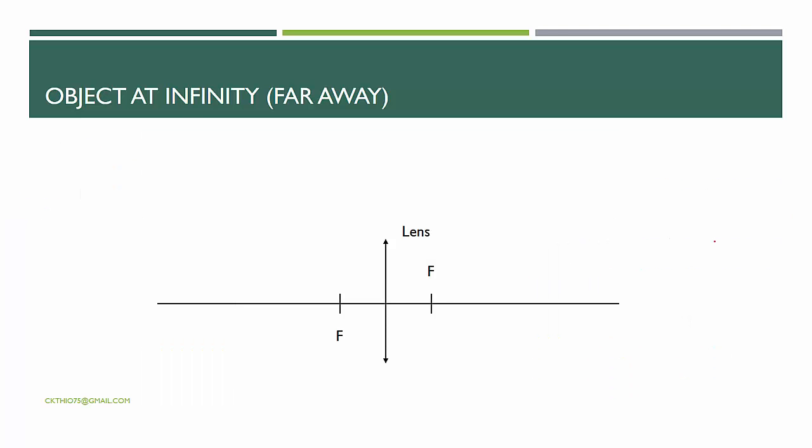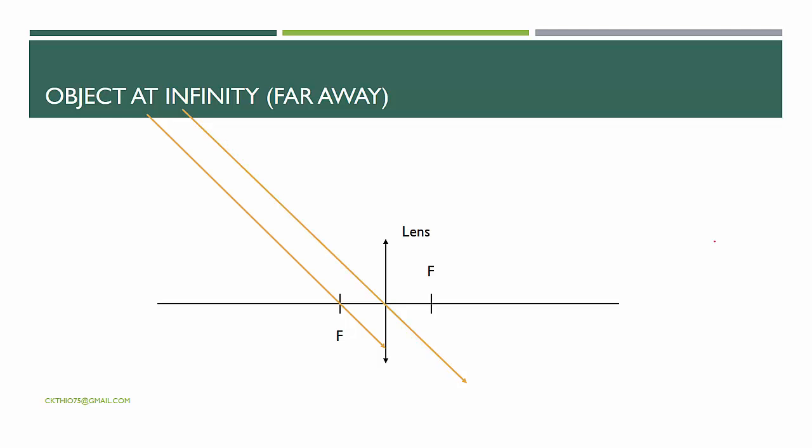Okay, so object at infinity or very, very far away. So what you need to do is to choose one light ray that passes through the center of the lens. And since just now we discussed that light rays from infinity would be parallel to one another, you choose another light ray that is parallel to this one through the center of the lens, and it is also touching the focal point of the lens.